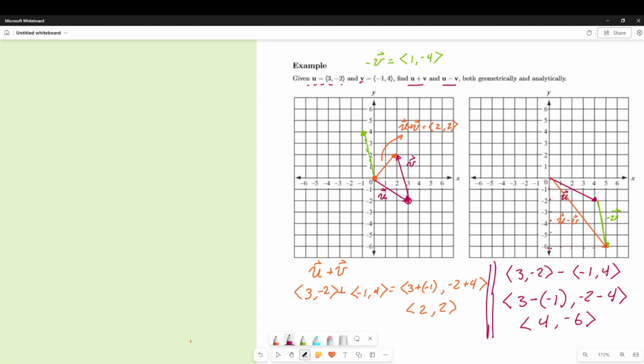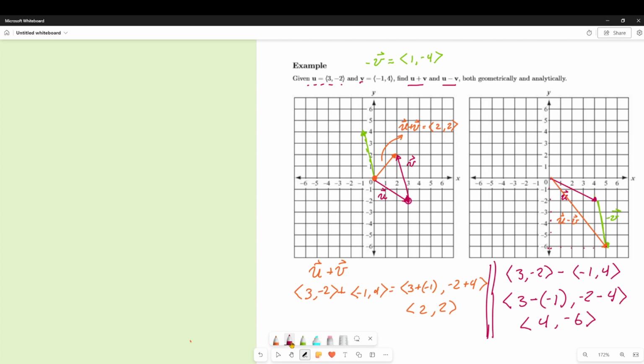I wonder why that is. 3 minus negative 1 is 4. Oh, why am I going over 4 here? Yep, I did my u as 3, negative 2, but it's 4, negative 2, not 3, negative 2.